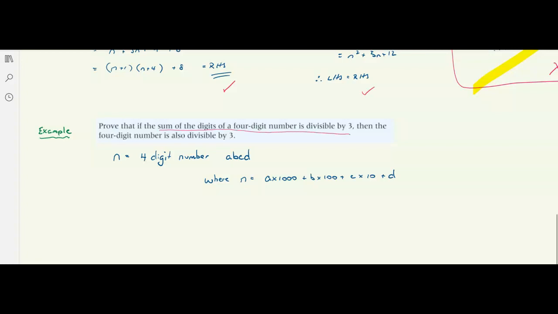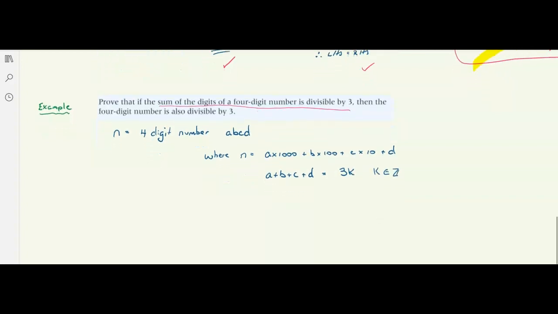So we can say that A plus B plus C plus D is equal to some multiple of 3, so let's say 3k, where k is an integer. This is a slightly odd question, as in it's not odd. You're familiar with the divisibility test, but what you might not have been asked to do before is to make such a proof.